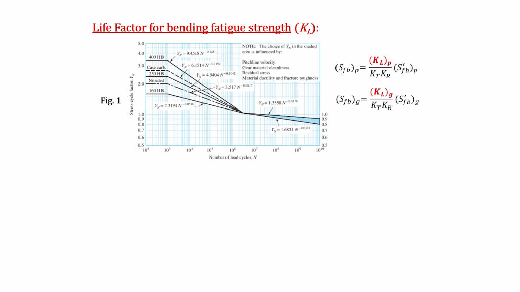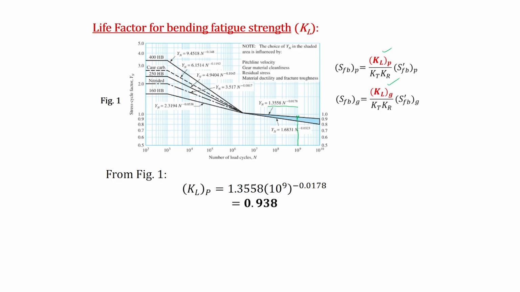The life factor KL is determined from this figure. The required life is 10 to the power 9. So, corresponding to 10 to the power 9, and in the problem it was given to use the upper table. So, selecting the upper table and the formula corresponding to this, we will get the value of the life factor.